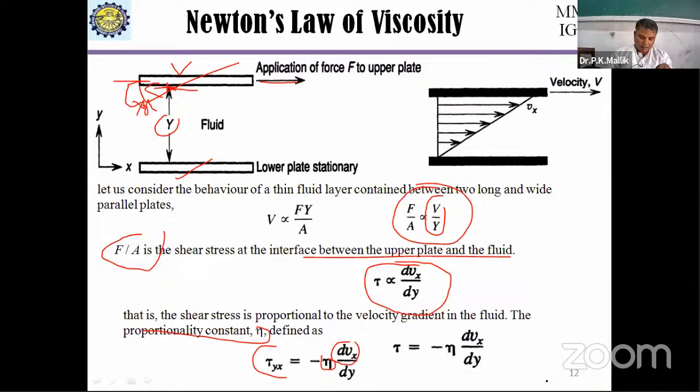This shear stress is also defined as the rate of momentum transfer per unit area between two adjacent layers of a fluid, and it is proportional to the negative value of the velocity gradient between them.